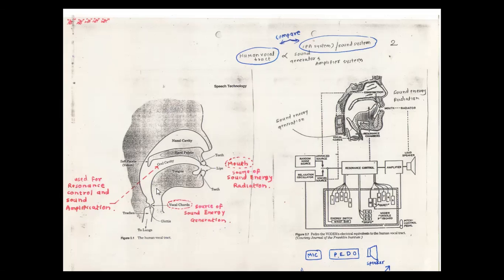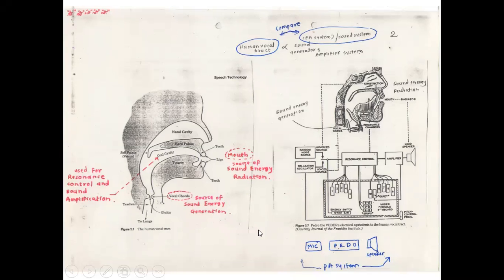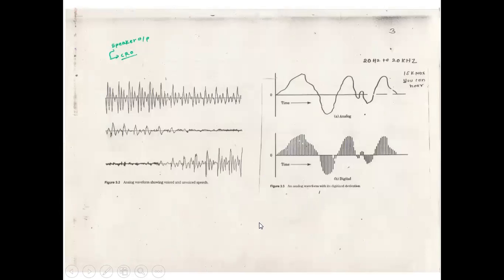So microphone, amplification, and radiation like a loudspeaker. That's why it is compared. So your public address system is analogous to your human vocal tract system, and the human vocal tract system is analogous to your public address system.